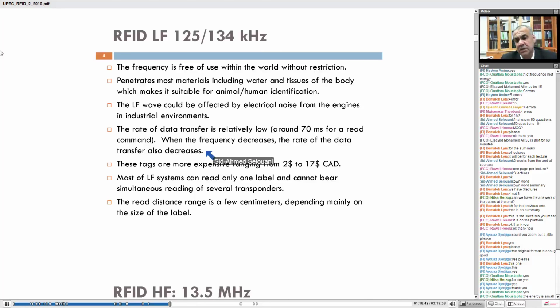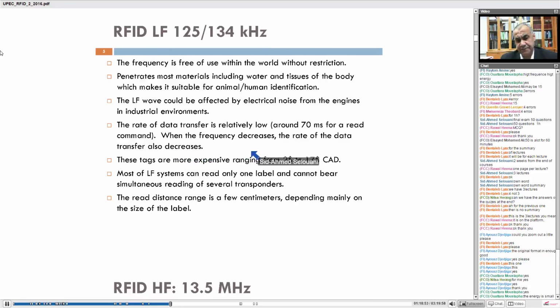So this is the lowest frequency, which means the data transfer is very low. It will take 70 milliseconds to read a command.